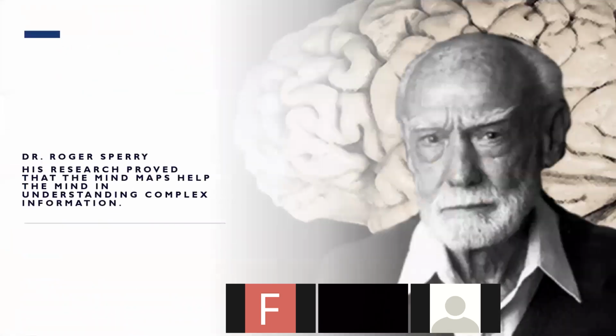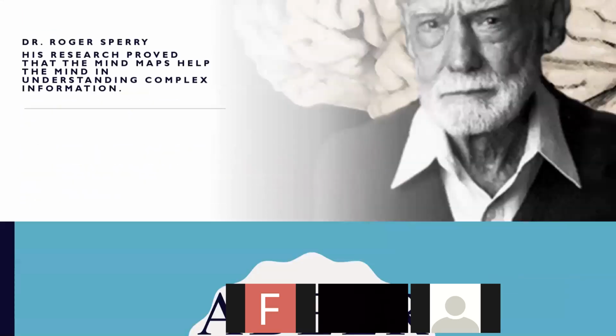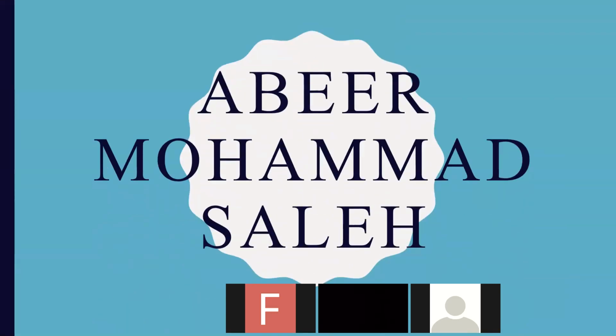And Dr. Roger Sperry, the Nobel Prize winner, was the one who put the mind maps into a scientific frame. He did research to prove that mind maps help the mind in understanding complex information. So the solution is effective.